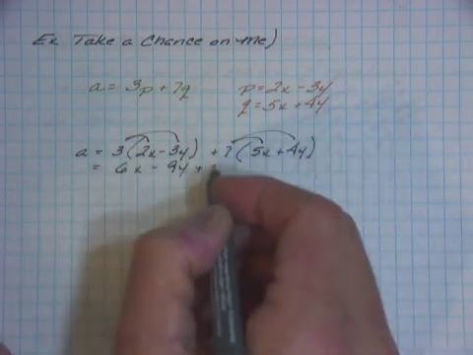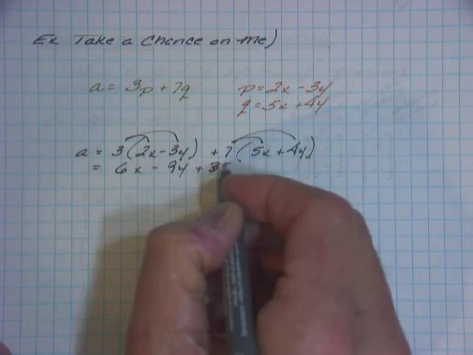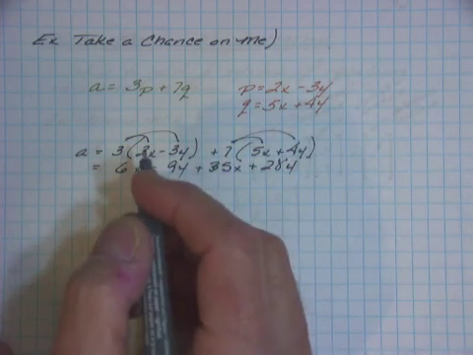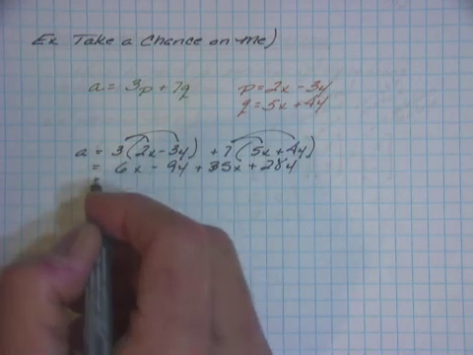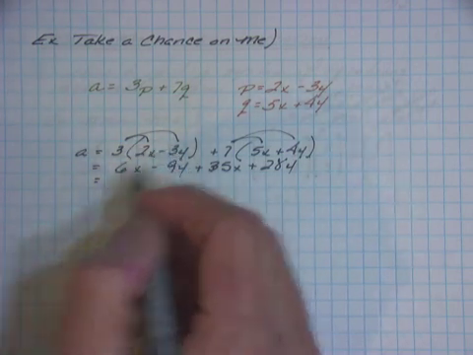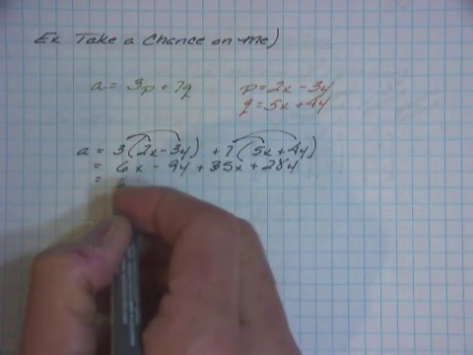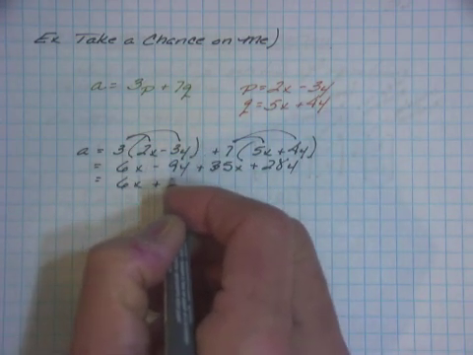So this equals 6x minus 9y, distributing the 3, plus, distributing the 7, 35x plus 28y.